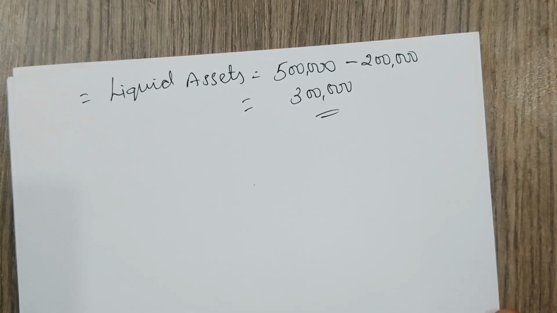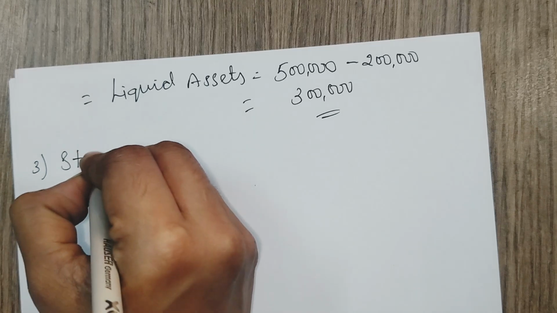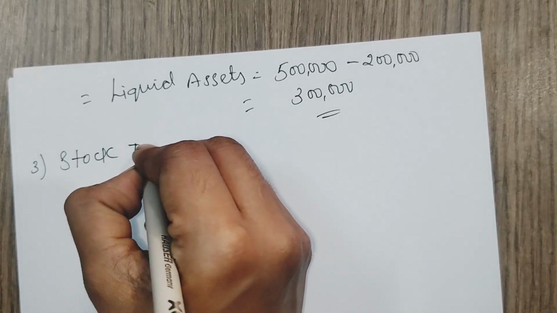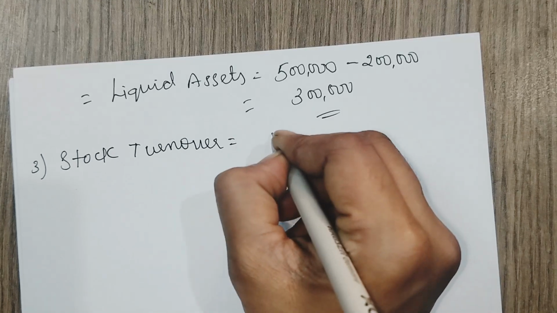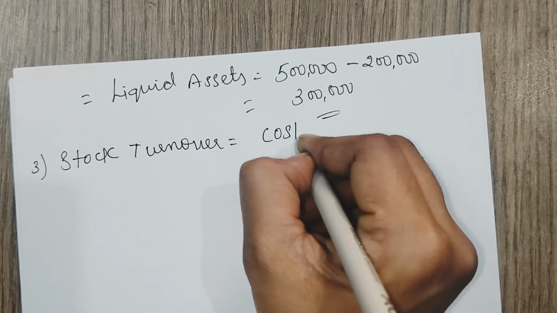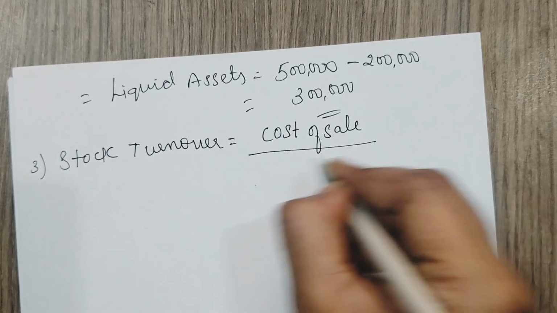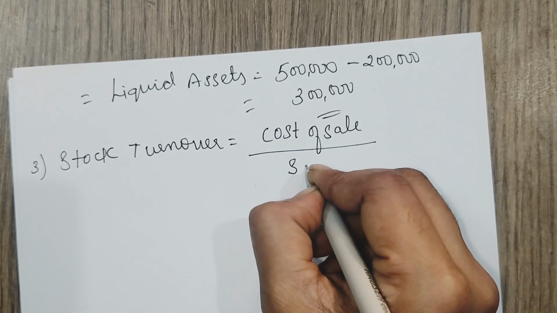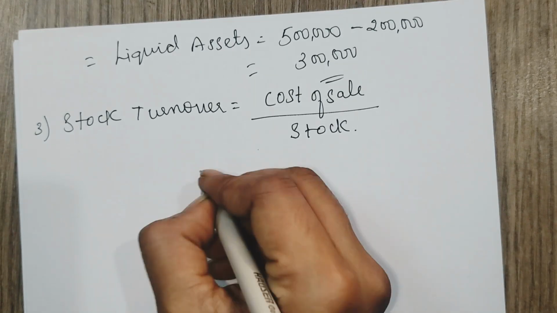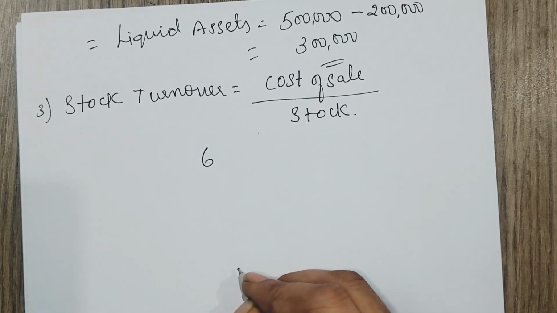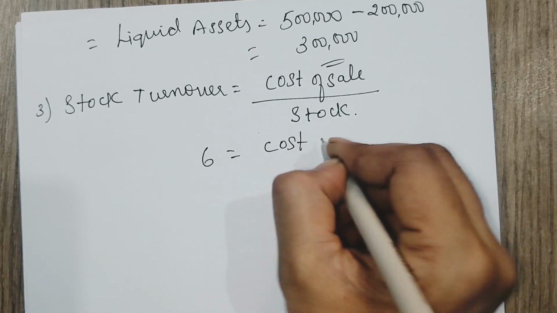Then next, let us find out the stock turnover. What is the formula for stock turnover? Cost of sale divided by stock. Stock turnover ratio is given, that is 6, and cost of sale we have to calculate.